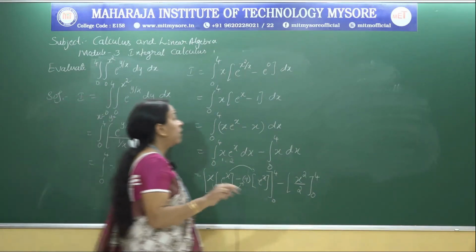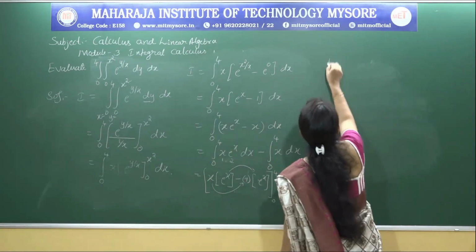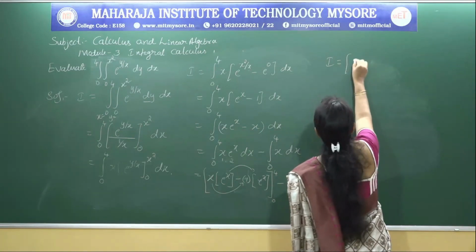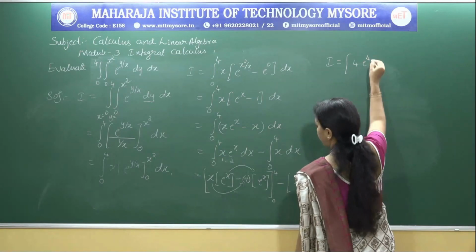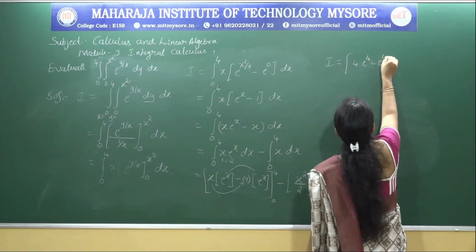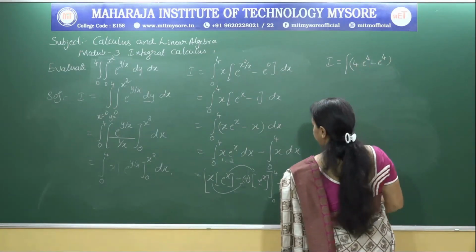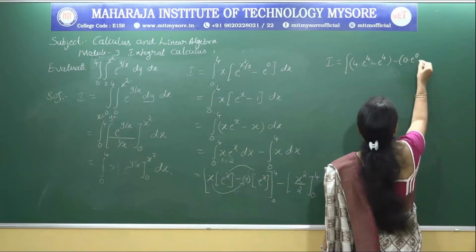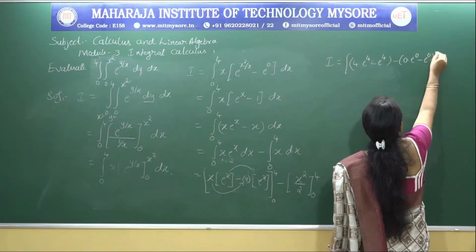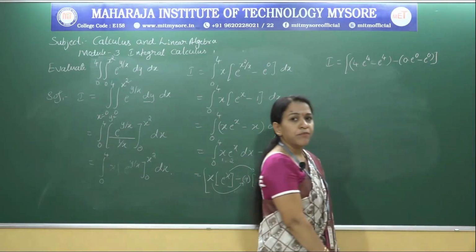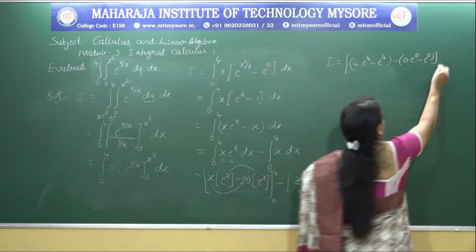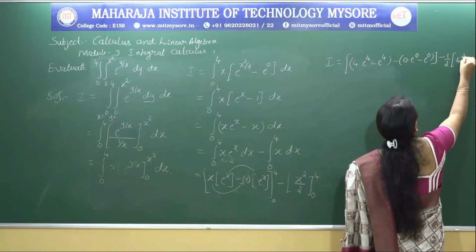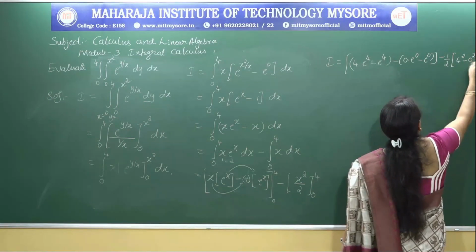Okay, now apply the limit. I equal to upper limit 4 into e to the power of 4 minus e to the power of 4, that is the upper limit, minus lower limit 0 into e to the power of 0 minus e power 0, that is the lower limit, minus 1 by 2 into 4 to the power of 2 minus 0 to the power of 2.